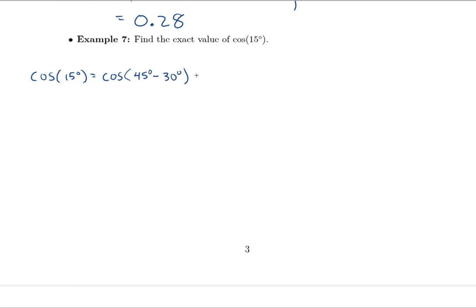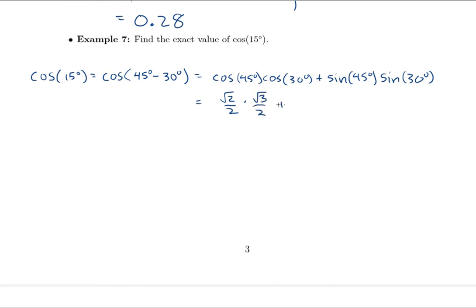We could do that, which is cosine plus sine, root 2 over 2, root 3 over 2, plus root 2 over 2, 1/2. So that's square root of 6 plus the square root of 2 all over 4.